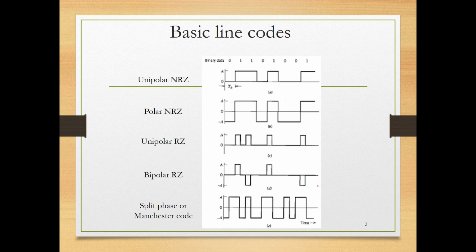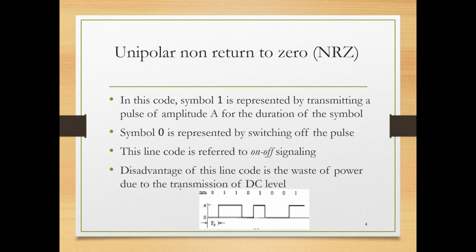So basically, we'll be discussing unipolar non-return to zero line code, polar non-return to zero, unipolar return to zero, bipolar return to zero, and finally end up with split phase or Manchester code. So these are the codes that we will be discussing during the lecture.